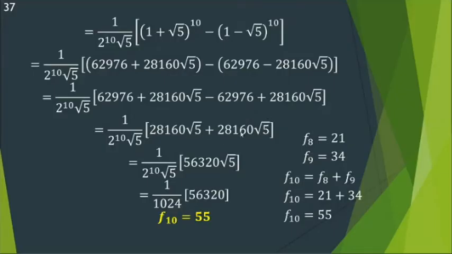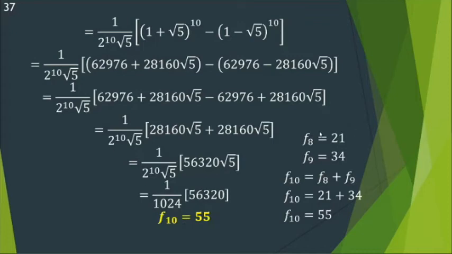Okay, so meron na tayong, combine similar terms again, 56,320 square root of 5. Then yung square root of 5 dito is pwede natin i-cancel dito sa denominator. Then, by simplifying, we have f sub 10 is equal to 55.